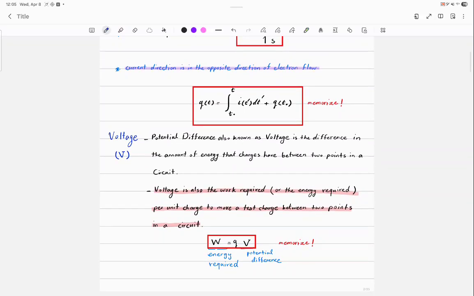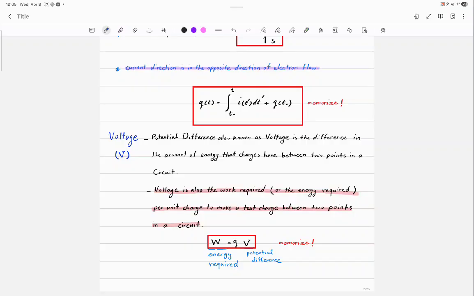The next very important concept in electrical engineering is voltage. What is the single most important thing about voltage? It's relative. It should always be measured between two nodes or between two points.